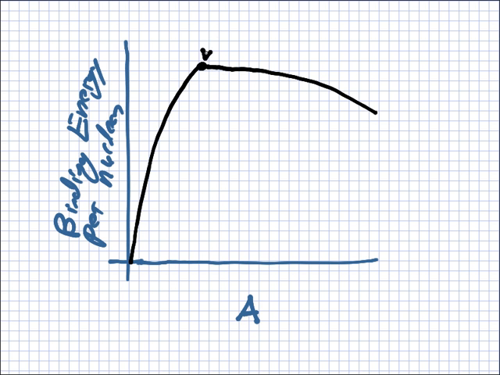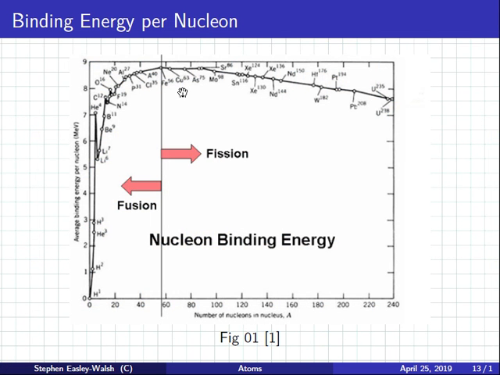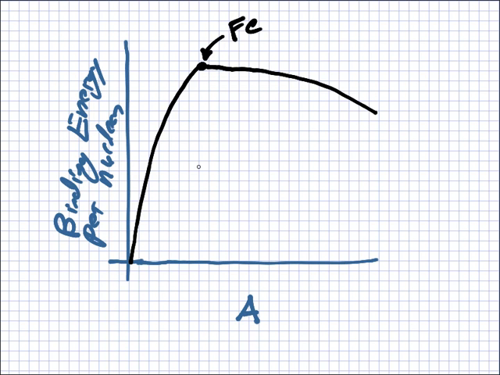And then you need to mark this one off as Fe. Which is, you can't quite see that, 56. And then you call this side here fusion. And then you call this side here fission.